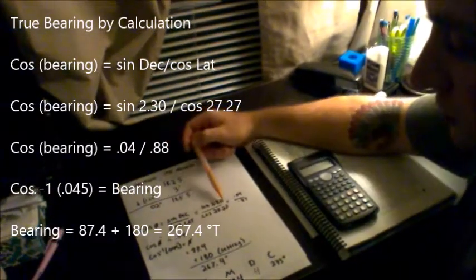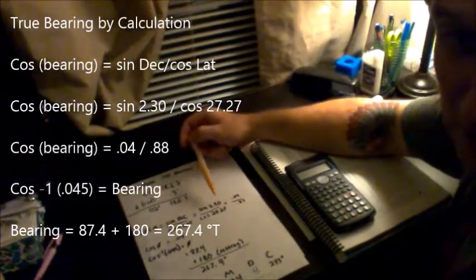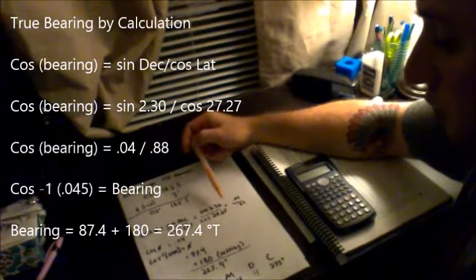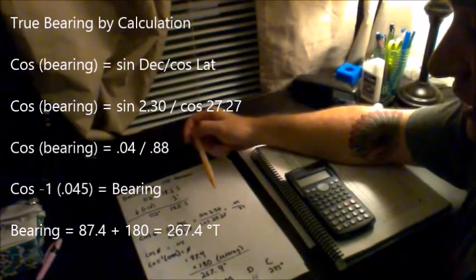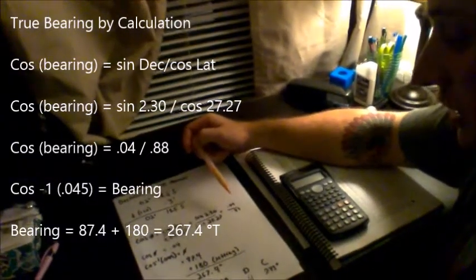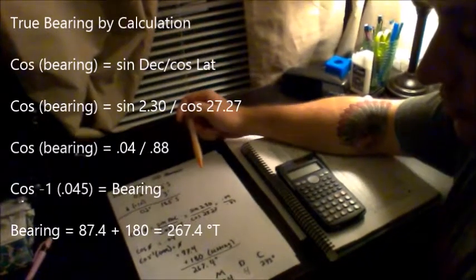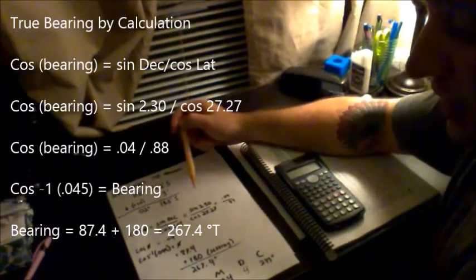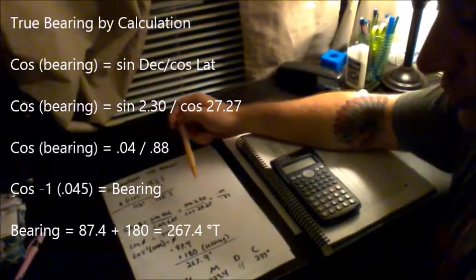And how I got those decimals in the declination and latitude is I took the minutes and I divided it by 60. And that equals 0.04 over 0.88, roughly. So you take the inverse cosine of 0.04 over 0.88, and that's going to give you a bearing of 87.4. Now you add 180 because it's setting, and you come out to 267.4.